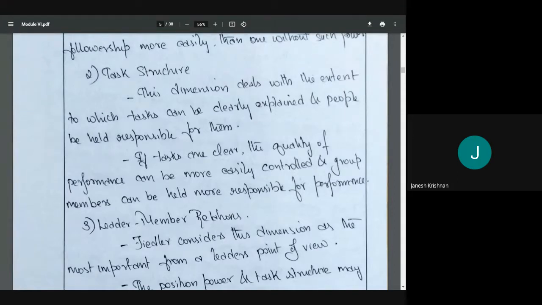So that's what the second dimension, task structure, is about. The third dimension is the leader-member relationship. According to Fiedler, this is the most important dimension. Why? Because the other two, task structure and position power, are given by the organization. The Constitution of India gives the minister the power.